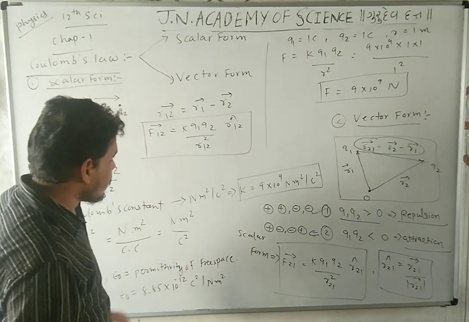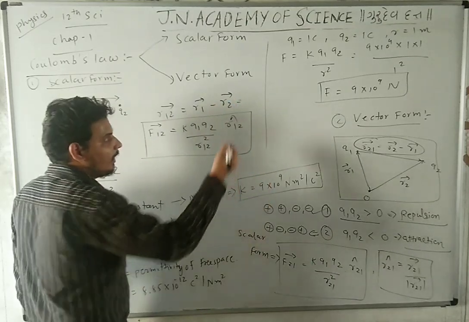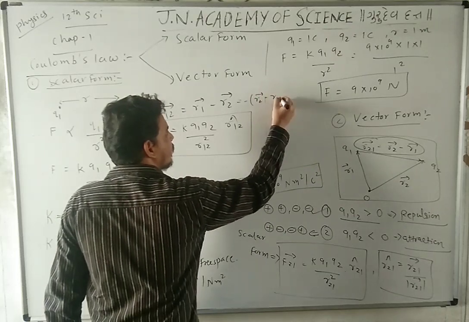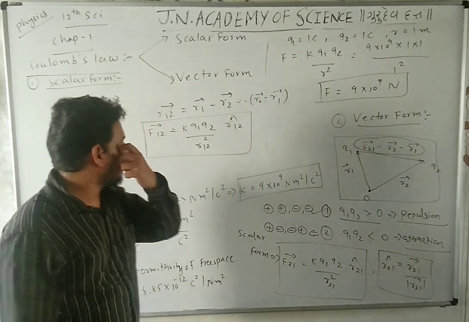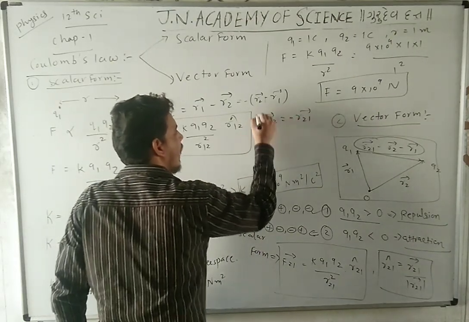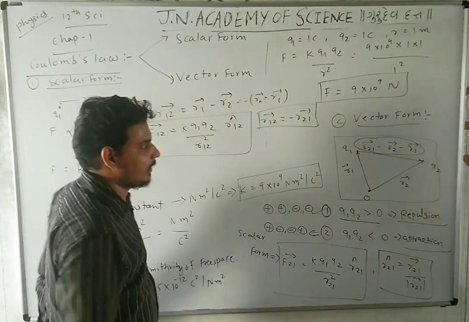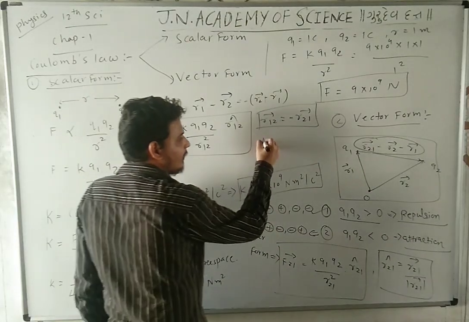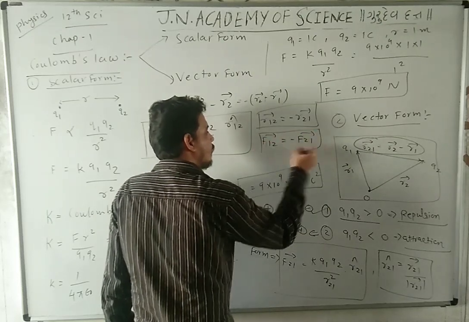The vectors differ direction-wise, because if we take minus common, then this will be minus of r2 minus r1. So r12 will be minus of r21. Similarly, we can say that F12 will be minus of F21.